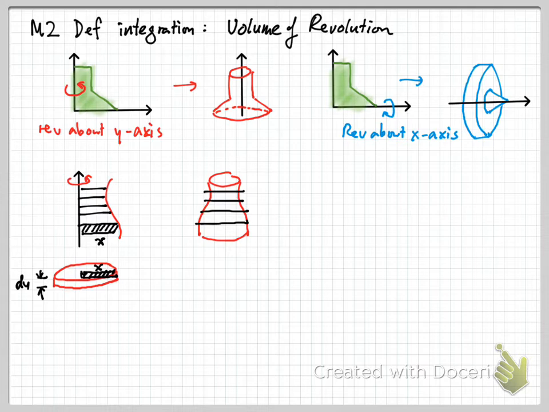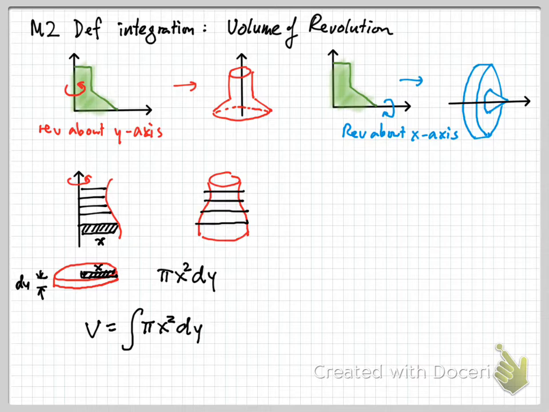So each of these discs has volume pi x squared dy. Now, as we mentioned in the chapter on area, the integration is to add them up. So the total volume is to add up the individual volumes of these discs. Pi x squared is the cross-section area, and dy is the thickness.